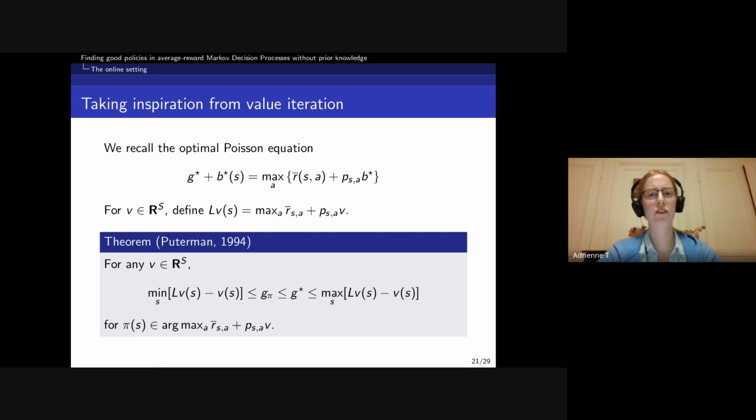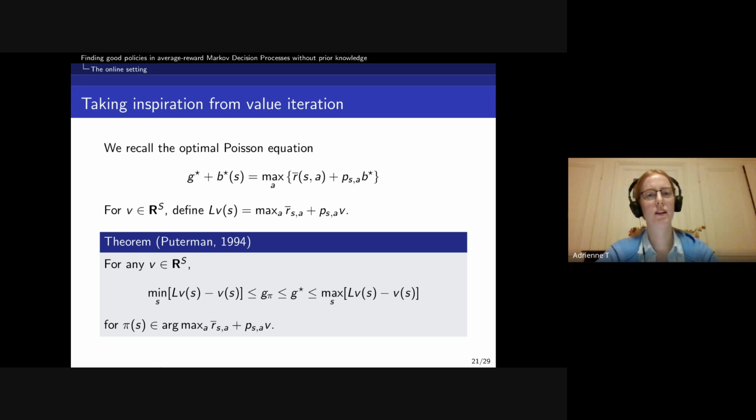And you just iterate it a bunch of times. If you iterate it a bunch of times, you still need to know when to stop. So you have the following result found in Tuynman: when the span of LV minus V is smaller than epsilon, then the gain of the induced policy is within epsilon of the optimal gain.